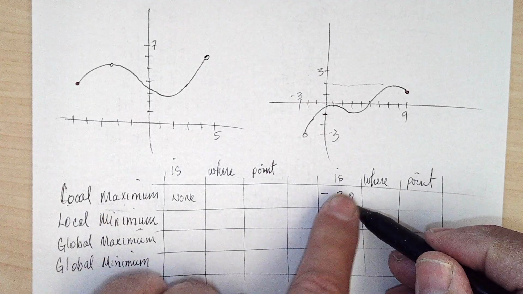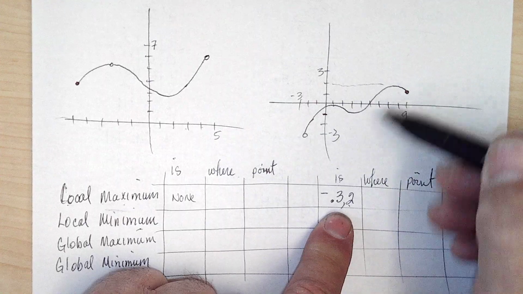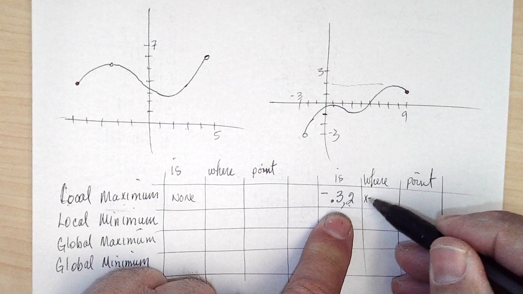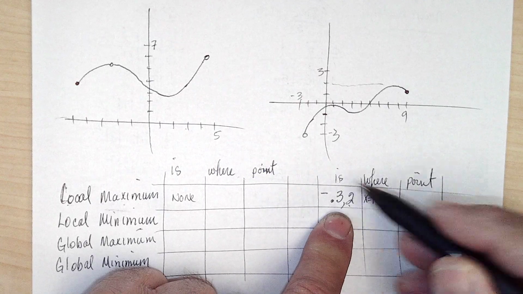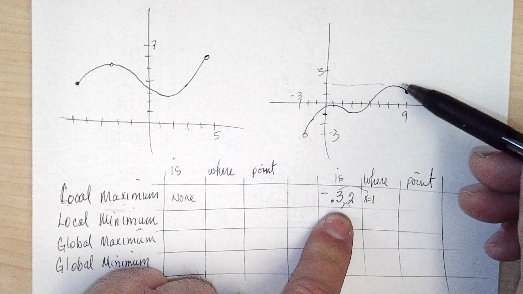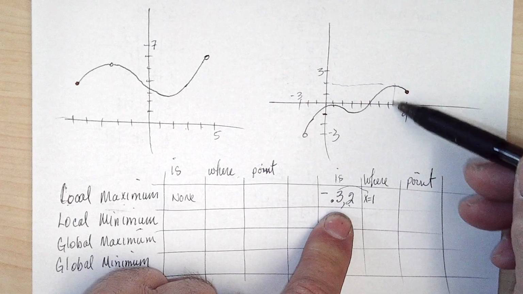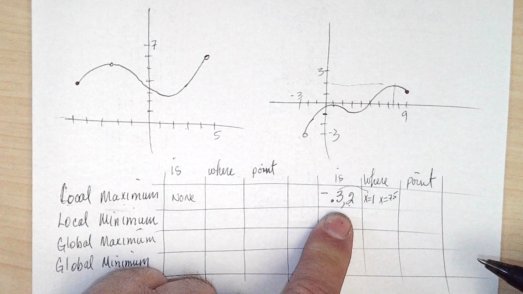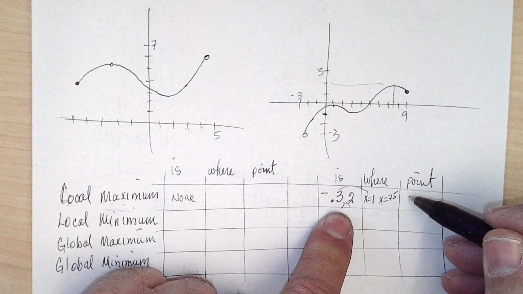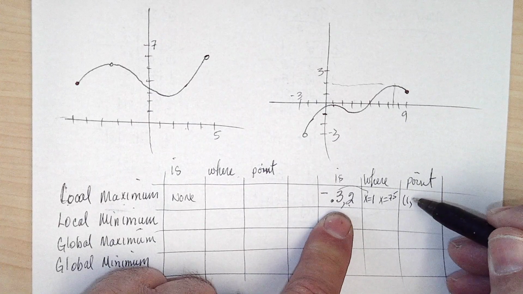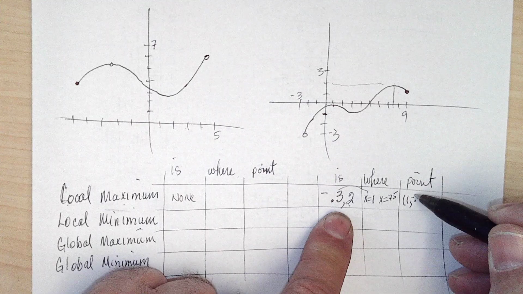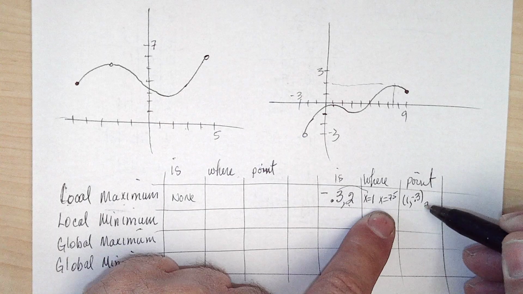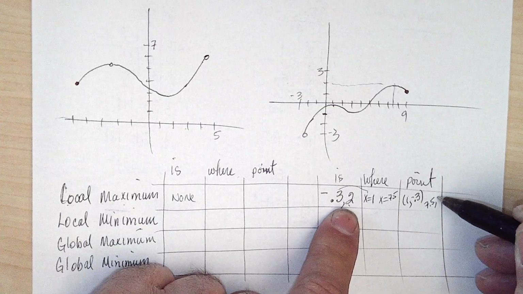Now, back over here, where are these two? Well, one's at x equals 1. That's this one. And one's at x equals 7.5. In other words, there's one at the point 1, negative 0.3, and one at the point 7.5, 2.